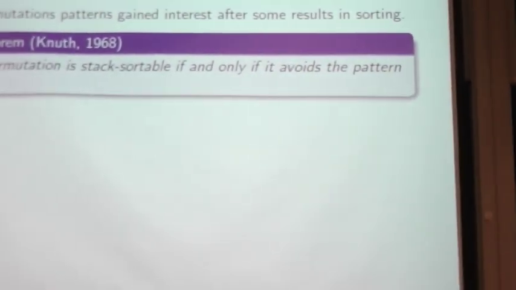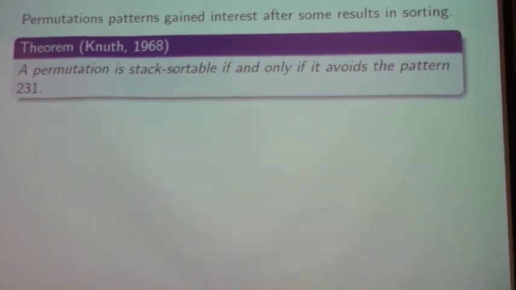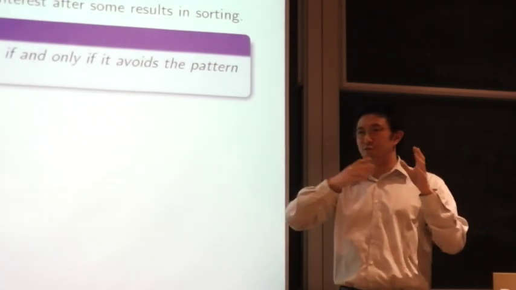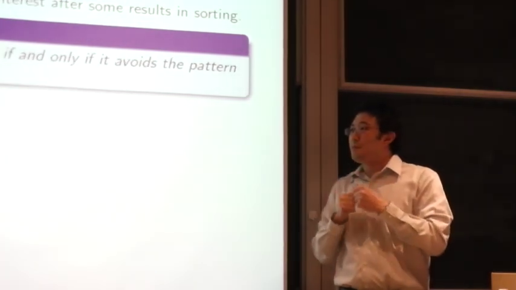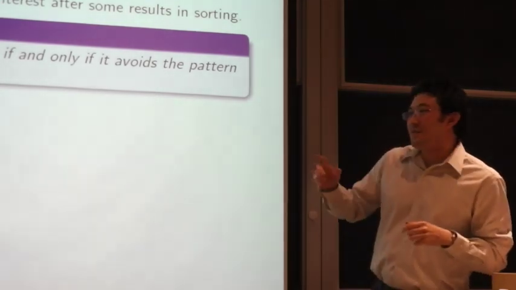While some people in the field of permutation patterns have continued studying sorting questions, for example, what permutations can you sort? Maybe explain very briefly what stack sortable is? Or so-called stack sortable.